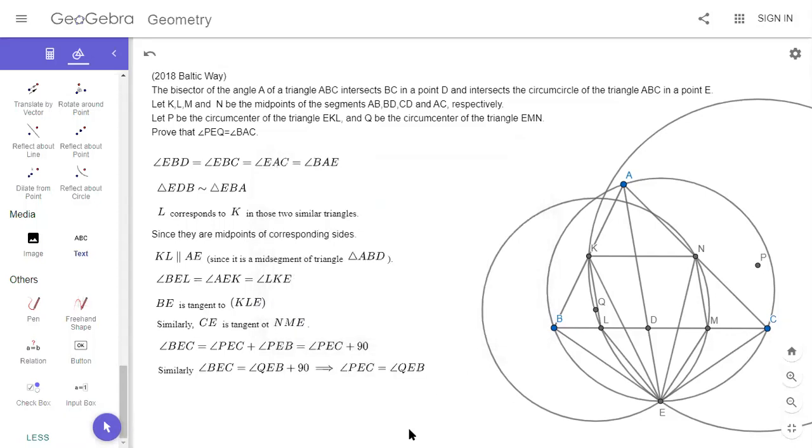And from there, angle PEQ... how did I finish it off? I thought I had an idea. Maybe I didn't end up finishing it.